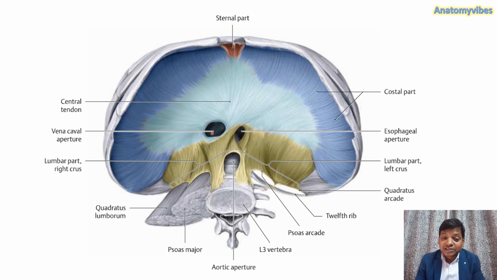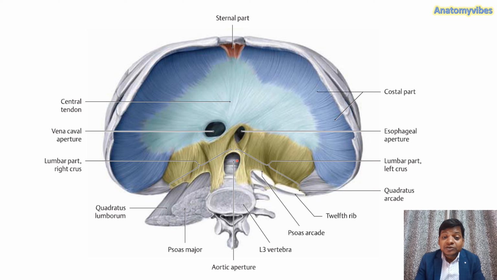Vena cava opening is present in the central tendon of the diaphragm, while the esophageal opening is present in the muscular part of the diaphragm. Which muscular part? This right crus is looping here and finally forming the esophageal opening. So actually the esophageal opening is present in the right crus of the diaphragm.